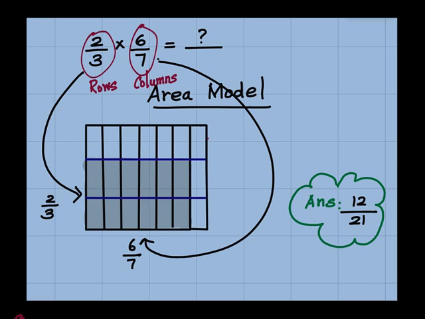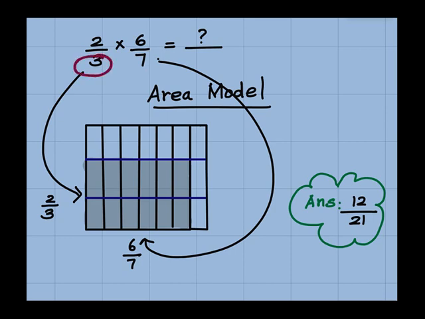Okay, so let's see the first fraction, 2/3. The total number of rows is 3. If you see here in the area model, the total number of rows is 3.